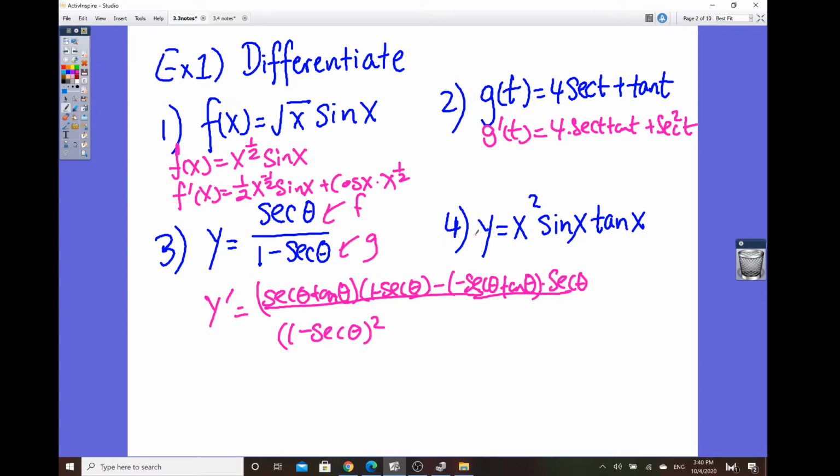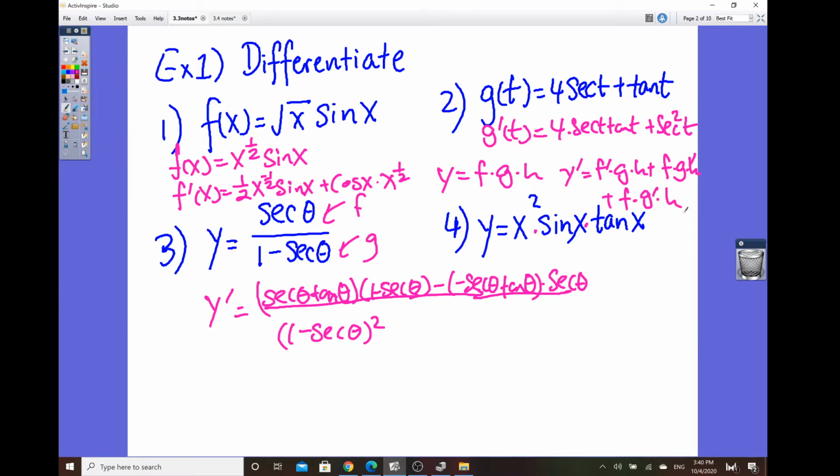For number 4, there's a product of three different functions. If you see a product of different functions, the structure is y equals f times g times h. In that case, y prime is f prime times g times h, plus f times g times h prime, plus f times g prime times h.